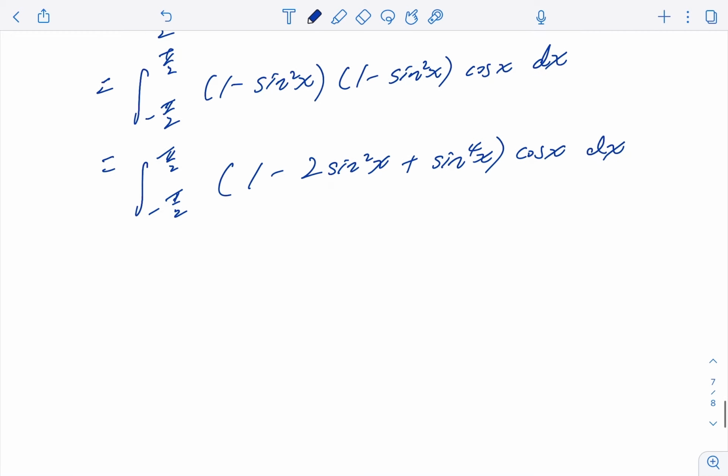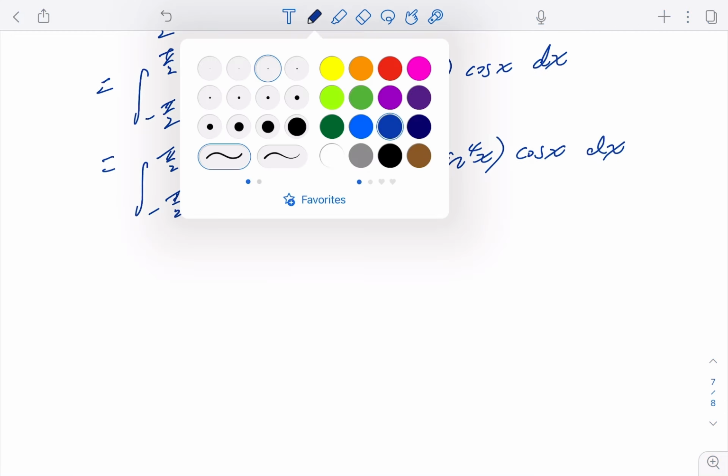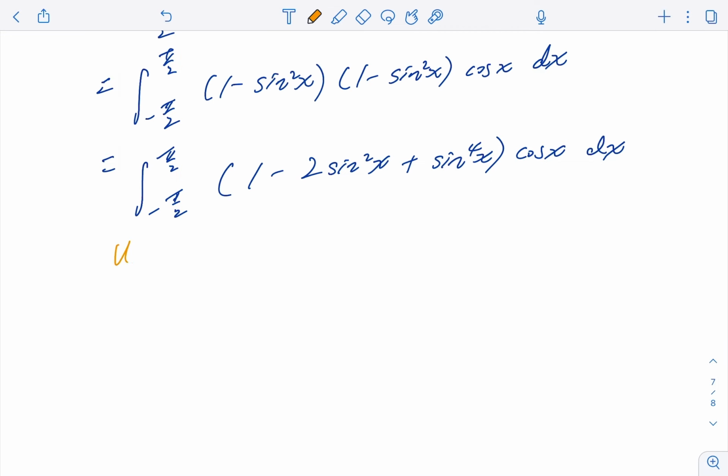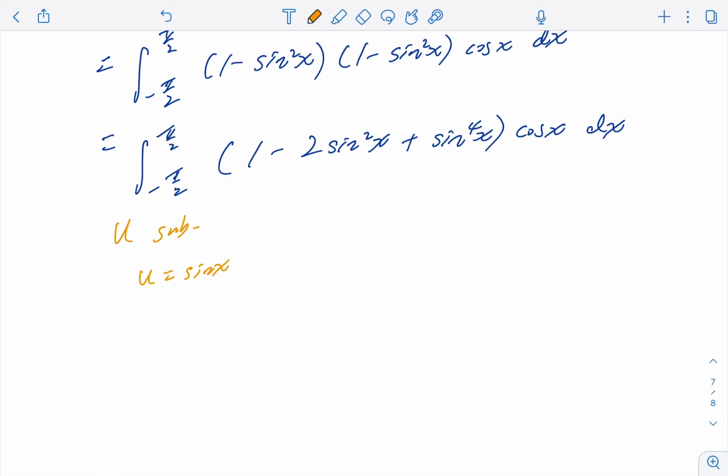So I'm going to do u substitution. If I say u equals sine x, then du equals cos x dx, correct?